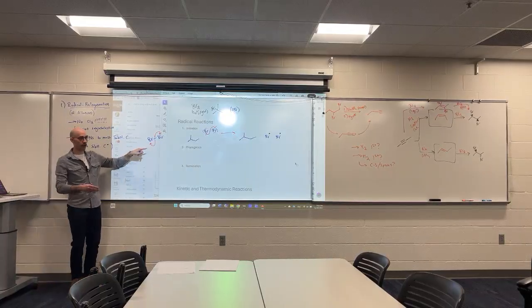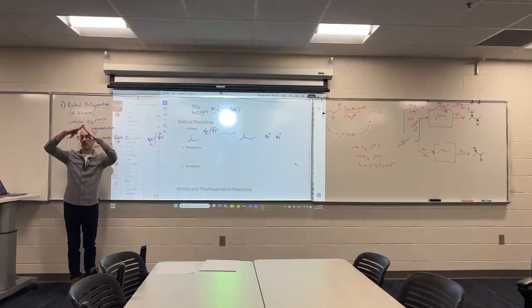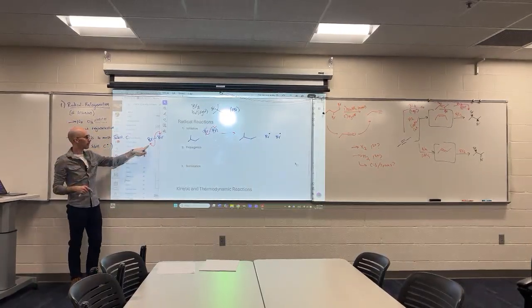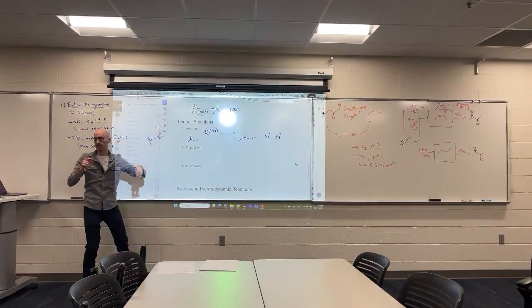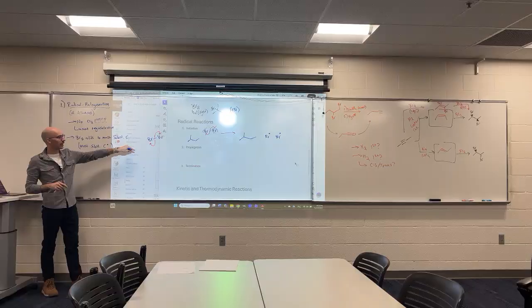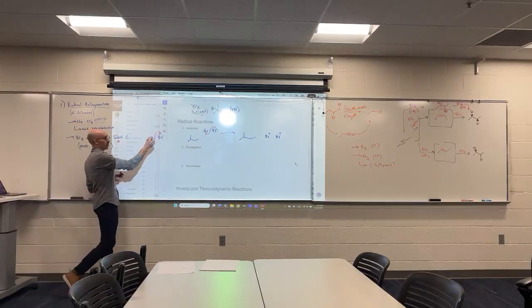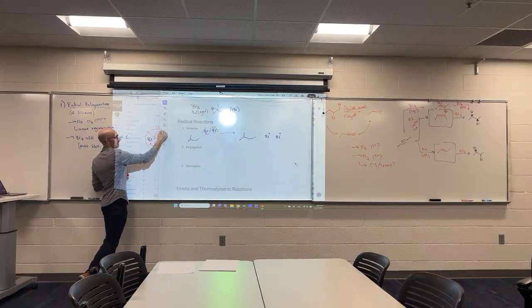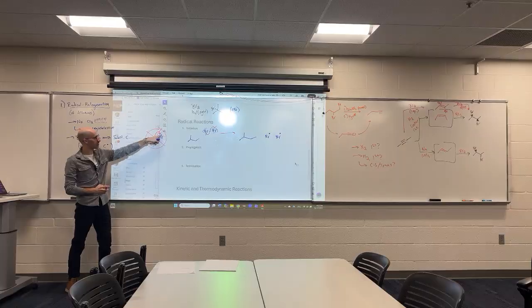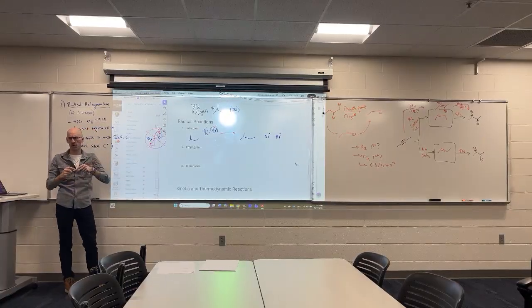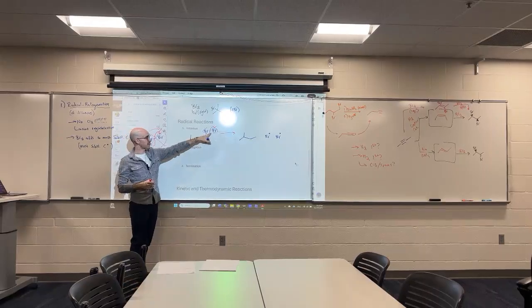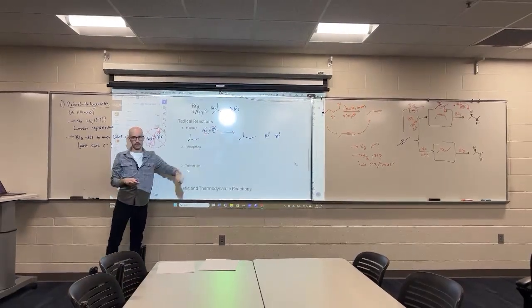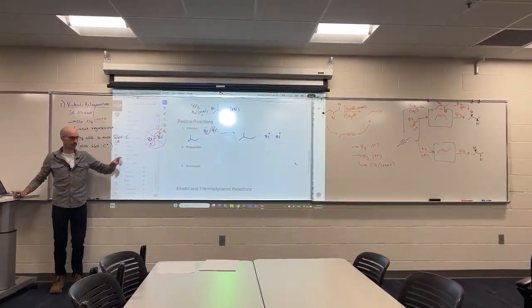A full-headed arrow, think of it as 2 hooks, 2 electrons. This is what we call a fish hook arrow, 1 electron. So make sure you're not drawing this, which, as Will said, is indicating that you have 4 electrons coming from a source where there are 2 electrons.